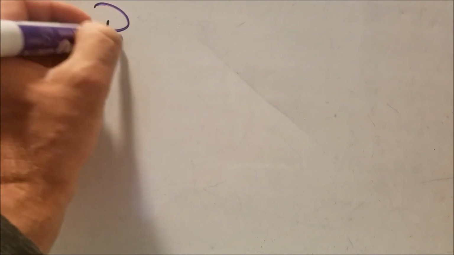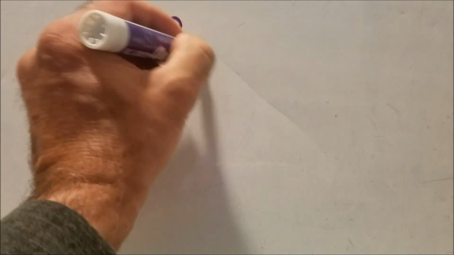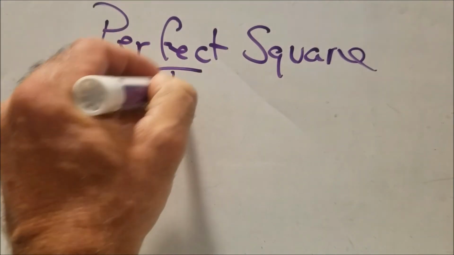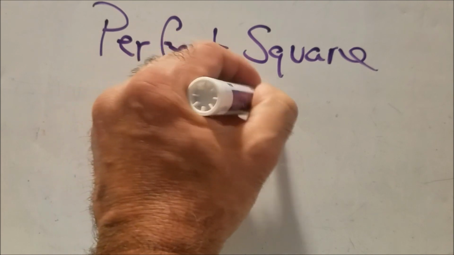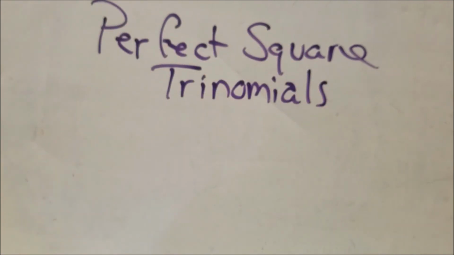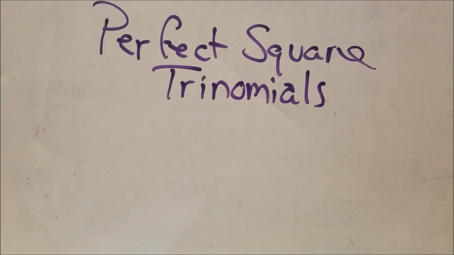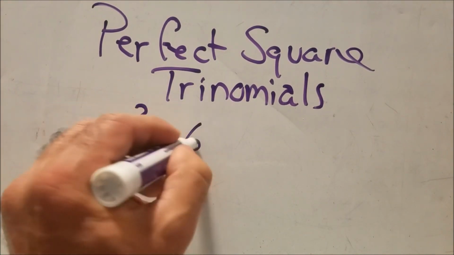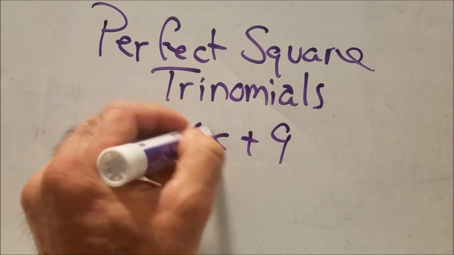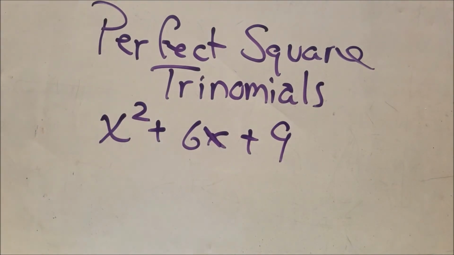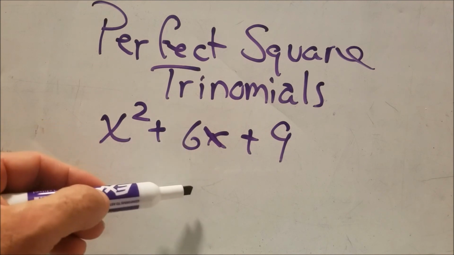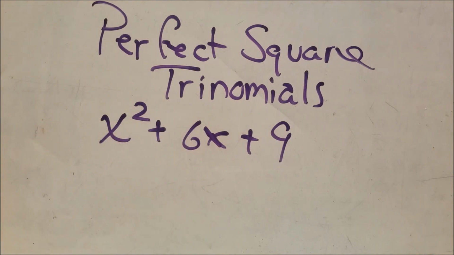And then the last thing we'll talk about today is perfect square trinomials. Another Algebra 1 review. So if you had, let's say, x squared plus 6x plus 9, you know this is a perfect square trinomial if you can take the b term, the 6x, divide it by 2, and square the answer.